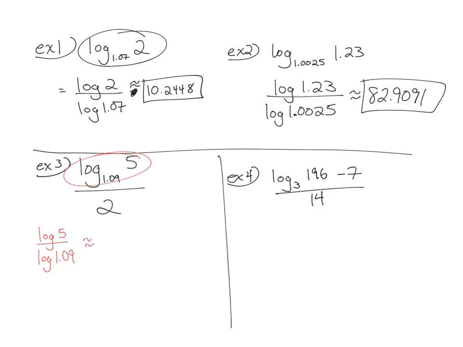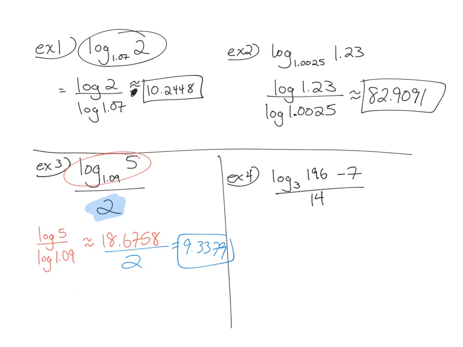And again, you can just plink that right into a calculator, and you get 18.6758. And from there, you cannot forget about this divide by 2. So we would have to divide this by 2 and get something like 9.3379, something like that.